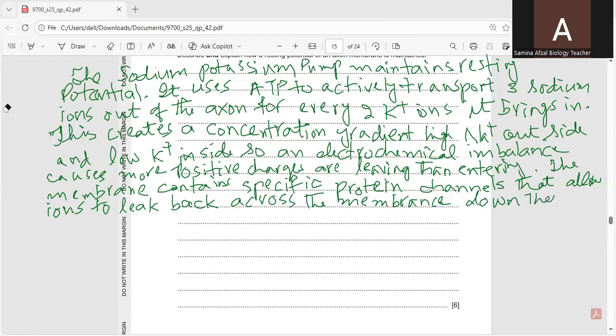Down their concentration gradient. The membrane is much more permeable to potassium ions than to sodium ions.